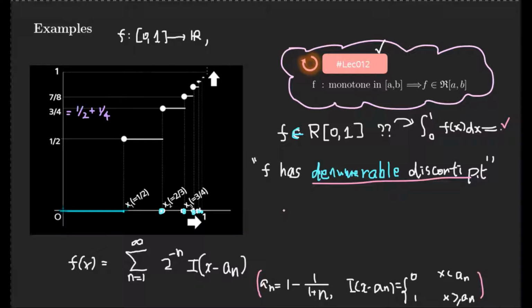So we can remove some suspicion about why it is integrable despite having countable discontinuous points. This is no problem because it is denumerable, countable. And of course, by this theorem, this is clearly a Riemann integral.